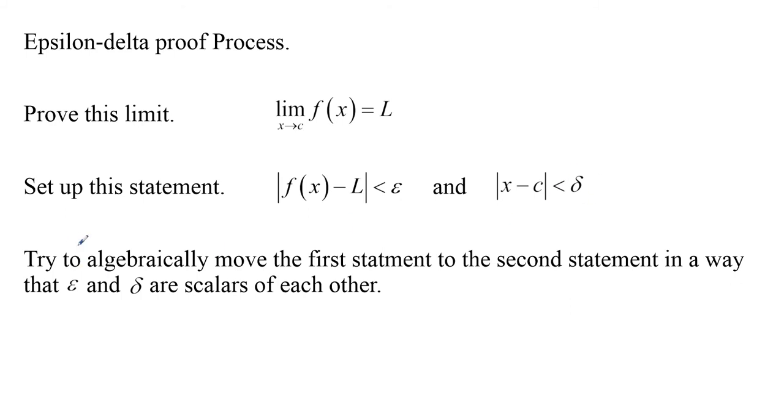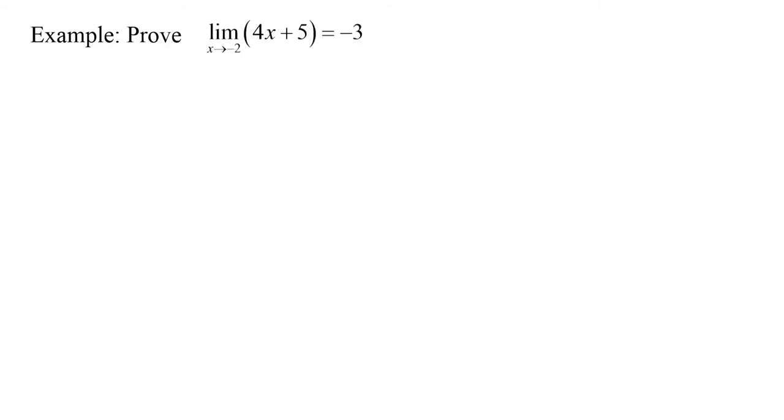Then we're going to try to algebraically manipulate this so what's inside the absolute value bars is the same as what's inside these two absolute value bars. Then we'll do a substitution so that we can relate epsilon and delta. And again, we're only going to do the easy ones of this. So a quick example.